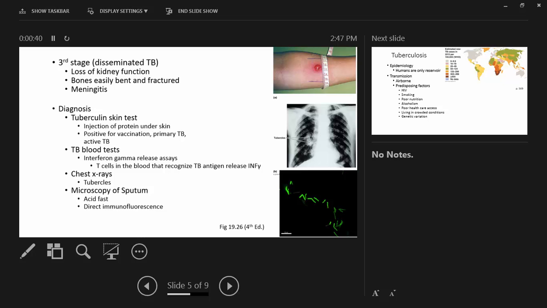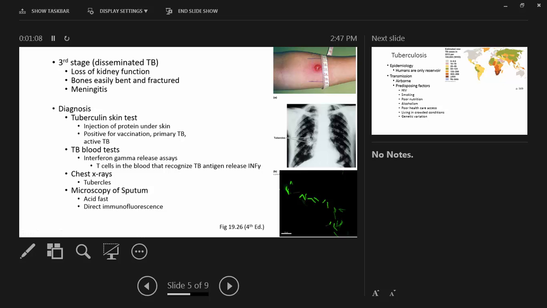So part of the trouble with the disease is that it's difficult to diagnose. We have latent stages and active stages, and if you've been vaccinated, that throws another wrench into it. Typically the first step in diagnosis is a tuberculin skin test.